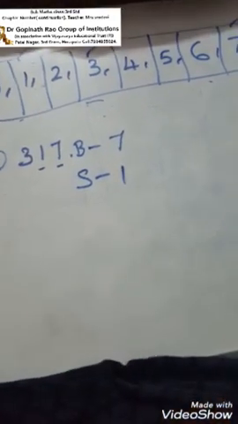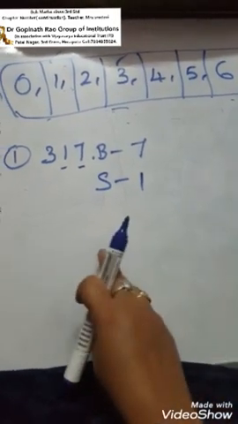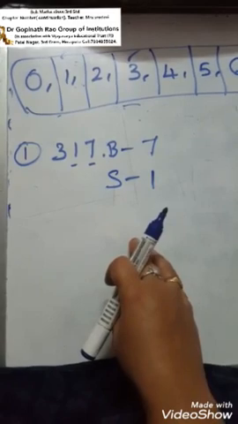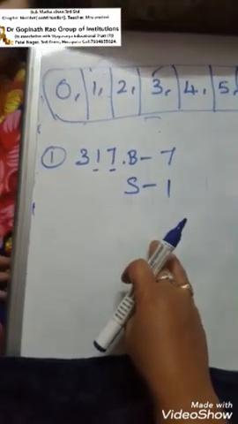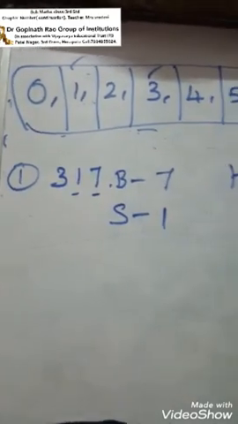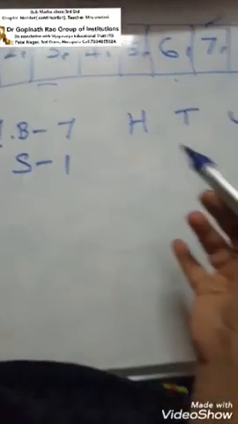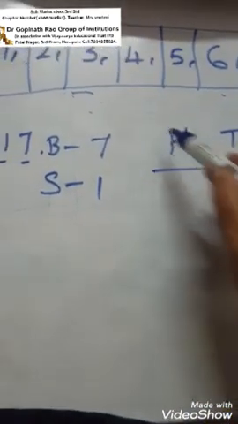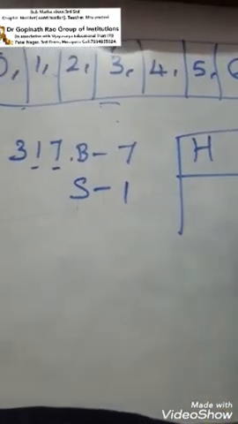So now what do we have to do? Now write the greatest number in the hundreds place and the smallest number in the units place and the remaining in the tens place. We have to write hundreds, tens and units. According to the instruction given, we have to write the bigger number in the hundreds place.